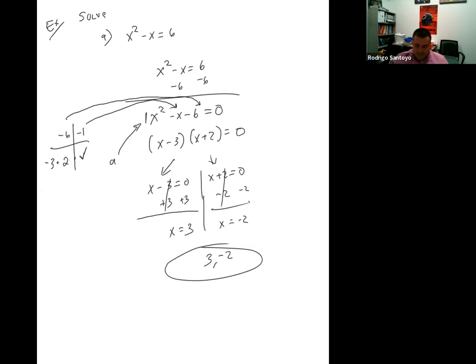All right, next example. 7y plus 3y squared equals -2. Right. So we want to do the same thing that we did in the previous example, set it equal to 0.